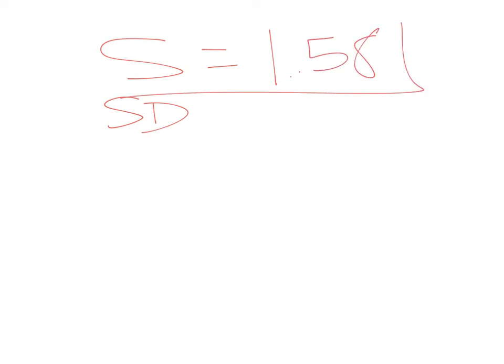Again, you'll see it sometimes written like that. The square root of 2.5 would be 1.58. So that's the standard deviation.